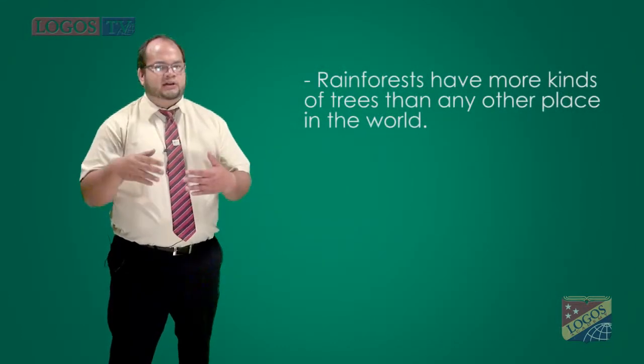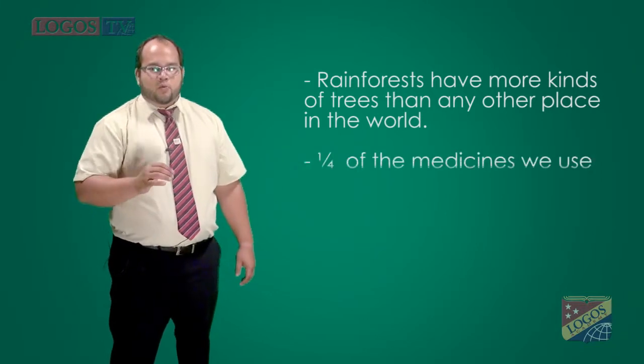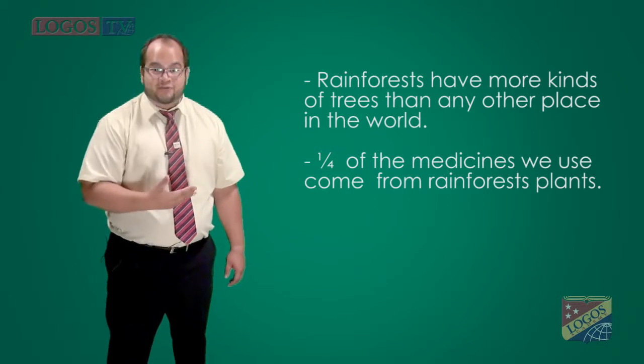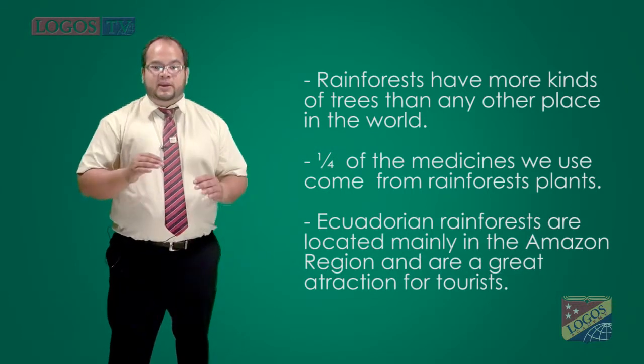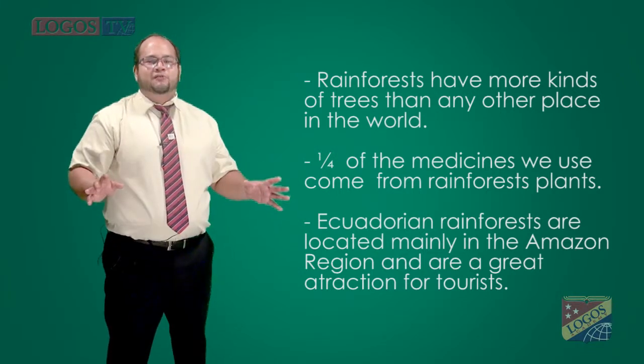Rainforests have more kinds of trees than any other place in the world. A quarter of the medicines we use come from rainforest plants. Ecuadorian rainforests are located mainly in the Amazon region and are a great attraction for tourism.